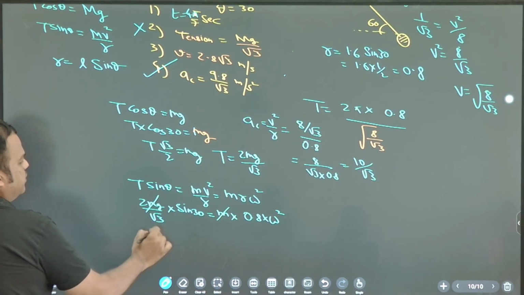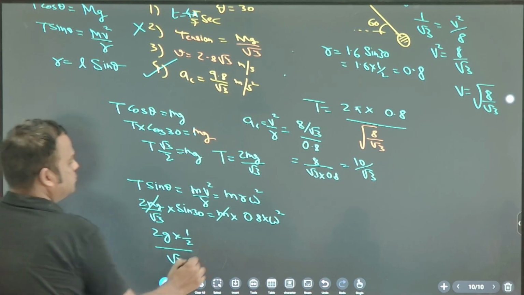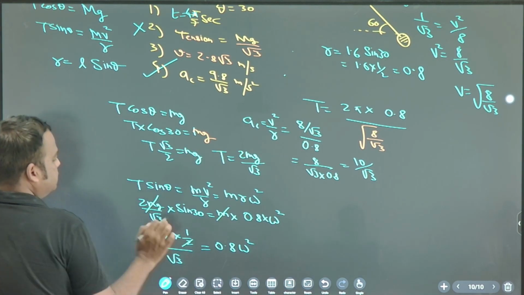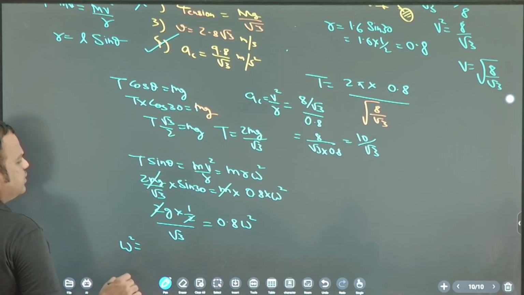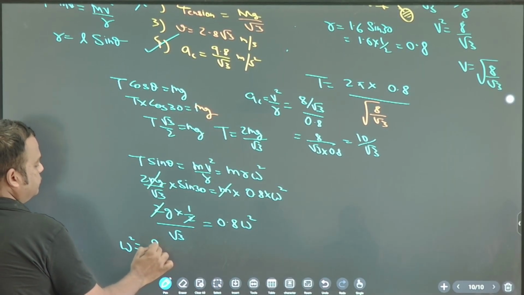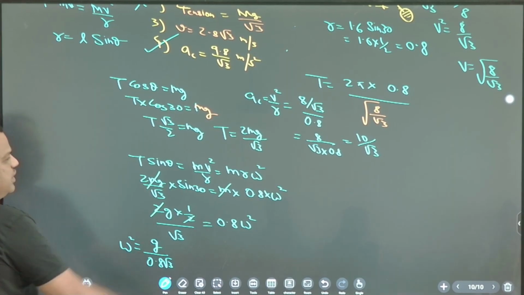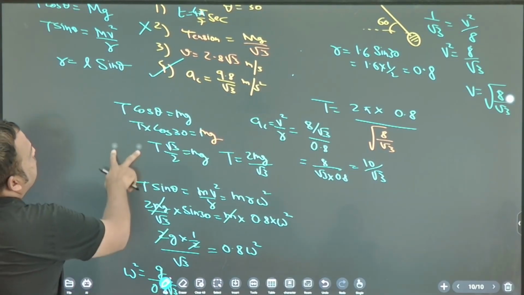Sine 30 1 by 2, 0.8 omega square. Okay, 2 to cancel. So omega square we are getting G by 0.8 root 3. This calculation is not good. Okay, difficult calculation. Okay, note down.